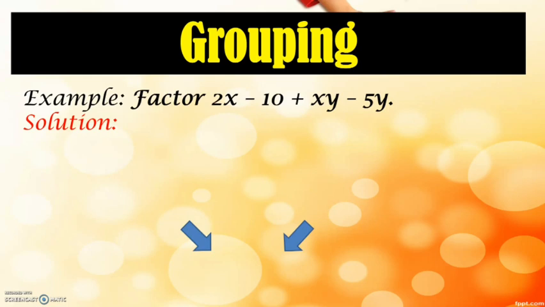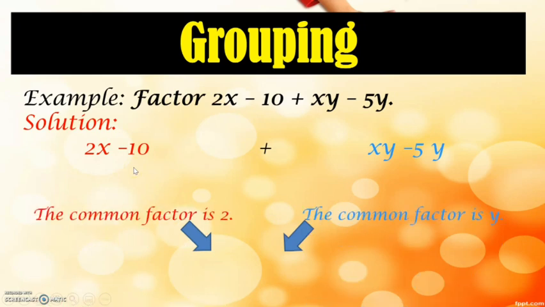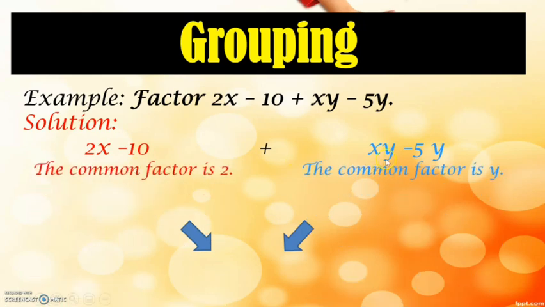So for now, I will be grouping 2x minus 10 and another group is xy minus 5y. So what is the greatest common factor on our first group? You have there 2. How about on the second group? You have there the greatest common factor as y.